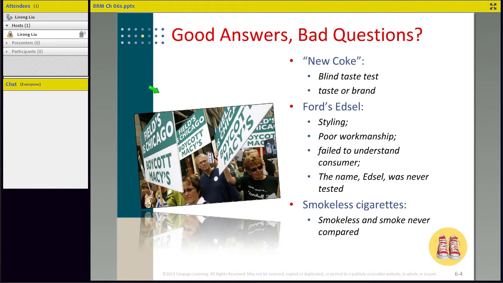Now, what's misleading in this situation is Coke wants to know about the taste. So they decide to conduct a blind taste test. A blind taste test fits best when you really want to study the taste of something. However, the Coke situation is a little special, because think about it.